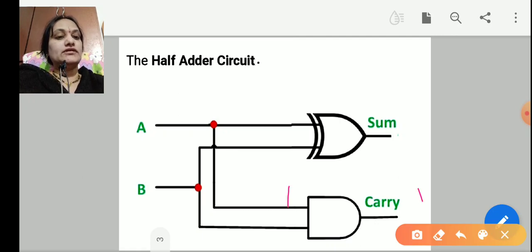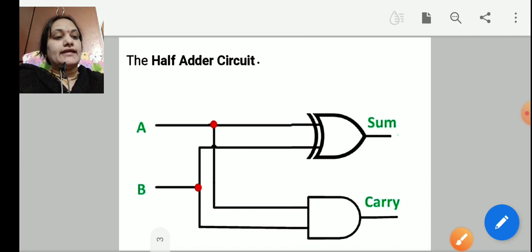If the inputs are 0, 1, the output is 0, 1, 0 becomes 0, and 0, 0 also 0. This is the function of an AND gate.